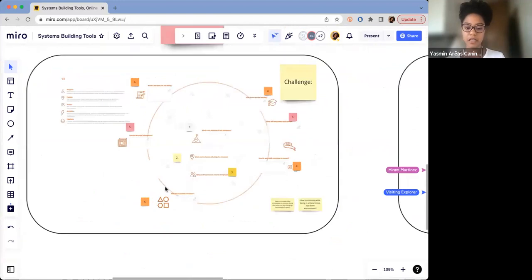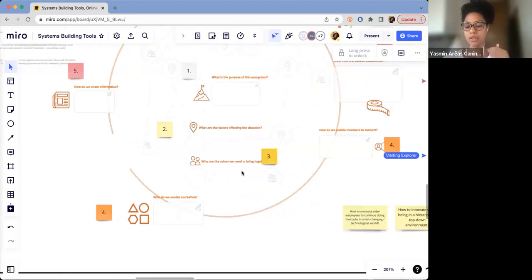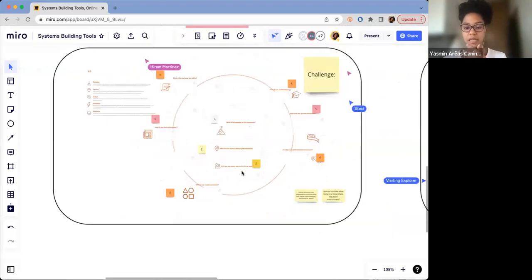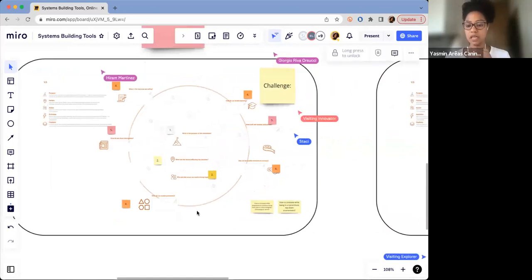We had a very simple version of this type of canvas in our last session. So this one is a bit more complex, and you can spend more time discussing with your peers and identifying these prompts here that have more time for discussion.